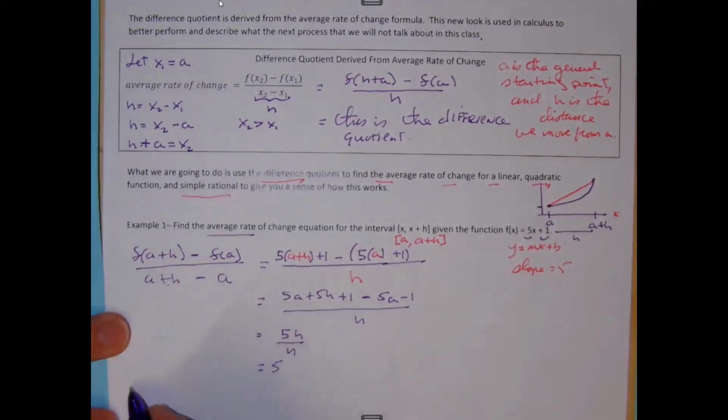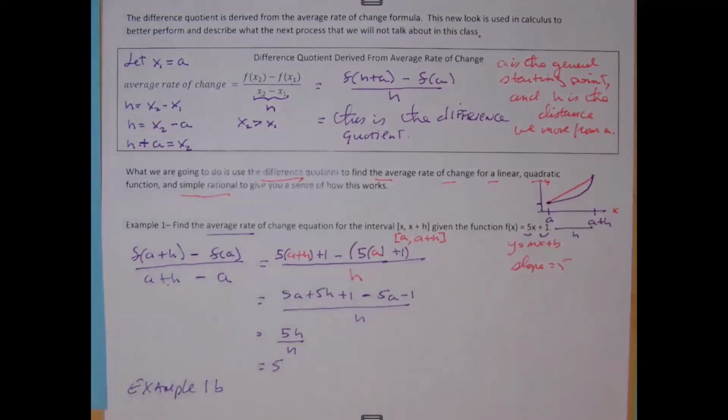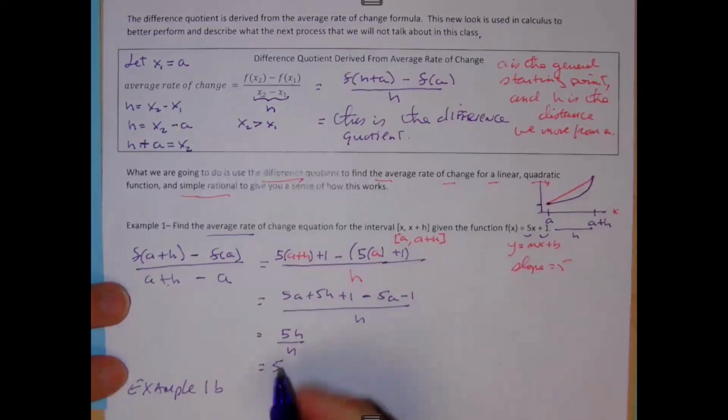So now what would this look like? I'm going to call this next one example 1b. And what happens in example 1b? Well, we're going to just use the following.